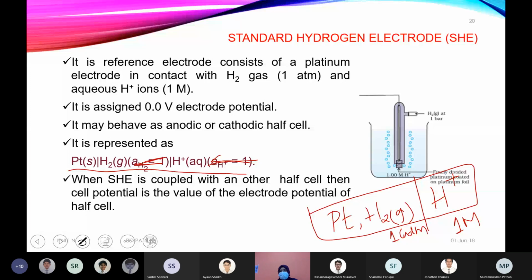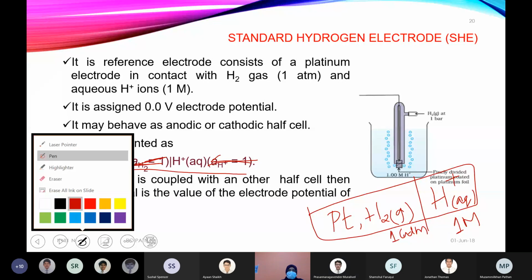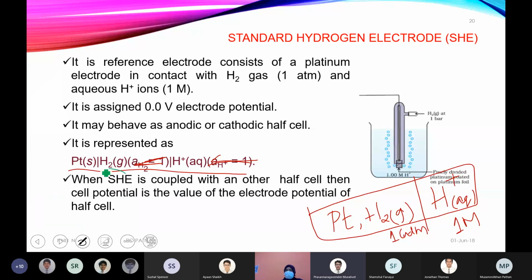What does the line represent? The interface between electrode and electrolyte. I think in the previous slide you already wrote this representation of SHE, so the same thing is there. But the last point is what should be noted. Now, 1 atm is equal to 1 bar.